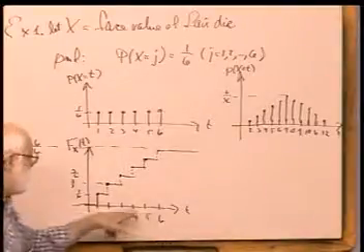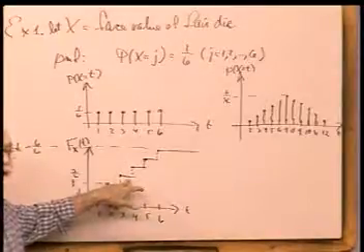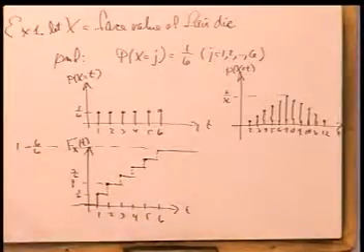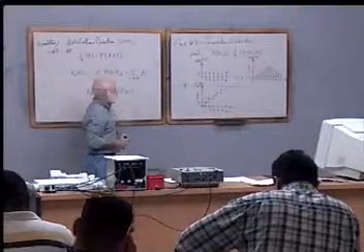For any t, the height of the graph is the probability that X is less than or equal to t, which means it's the sum of the probabilities over all the possible values the random variable takes that are less than or equal to t.